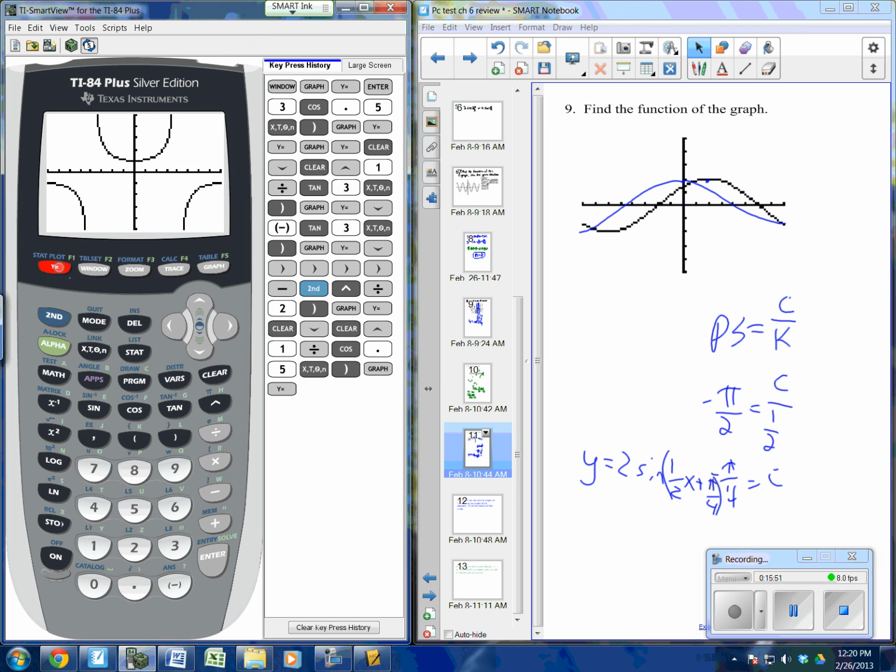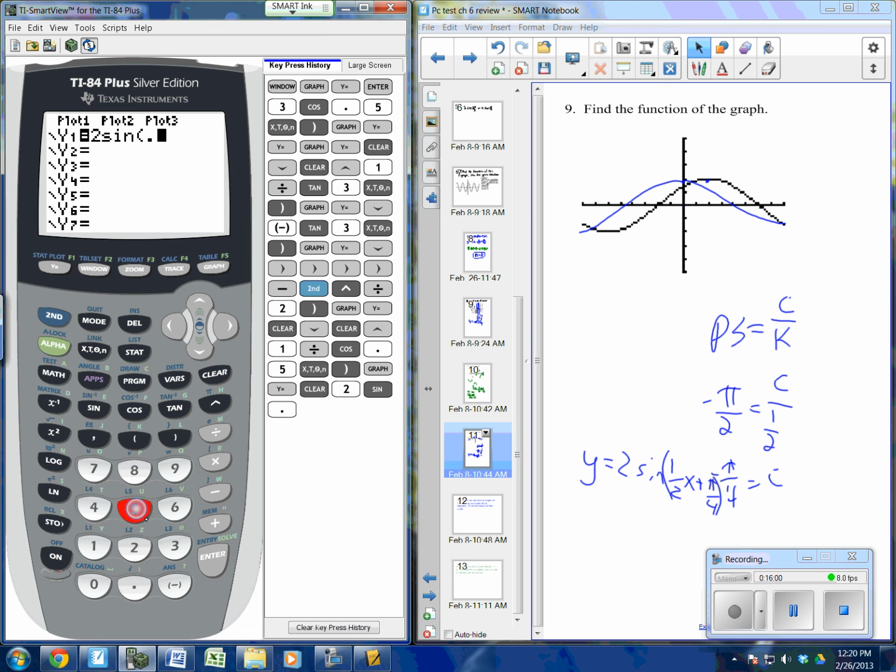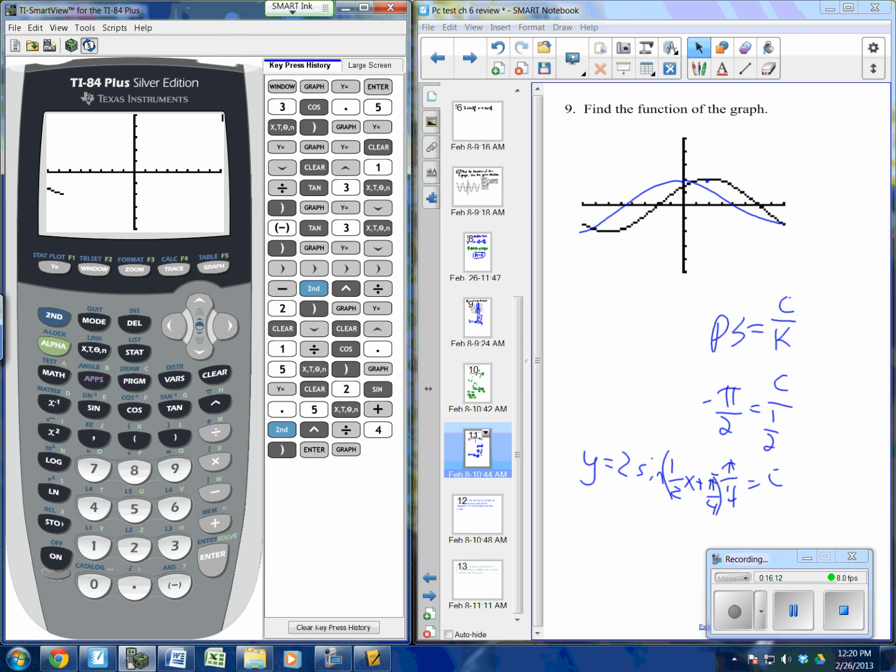So like right here, if I go to this one, I can either do 2 sine of 0.5x plus pi fourths. See if that does it. That does it, right?